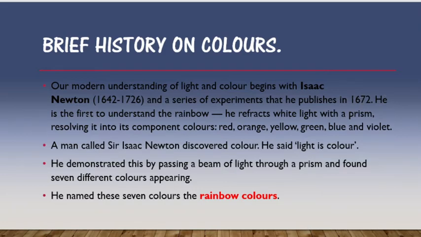He is the first to understand the rainbow colors. He refracts white light with a prism, resolving it into component colors: red, orange, yellow, green, blue, and violet.